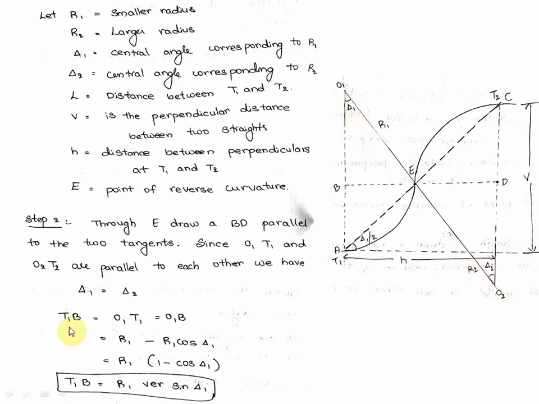Okay, so T1B is equal to O1T1 minus O1B, right?